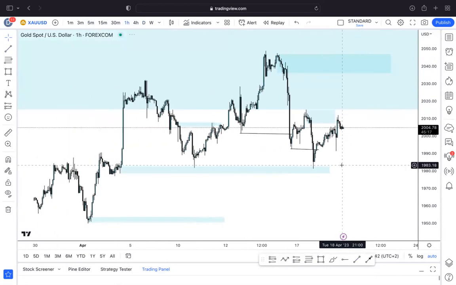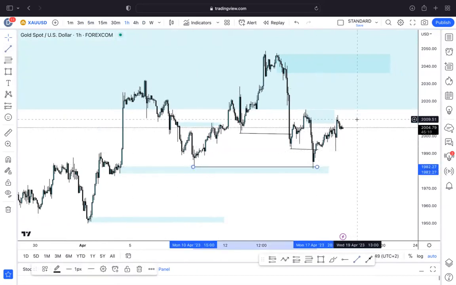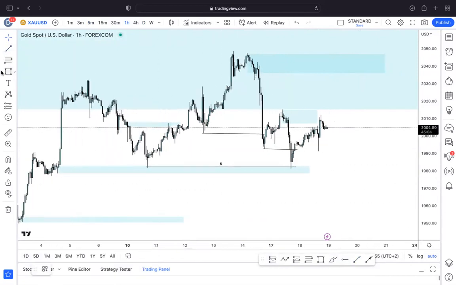Now, nobody knows. It could come down. When you say due to the imbalance, would it regularly fill the imbalance? Is that why you're saying that? Yeah. Everywhere there's an imbalance, the market fills it.